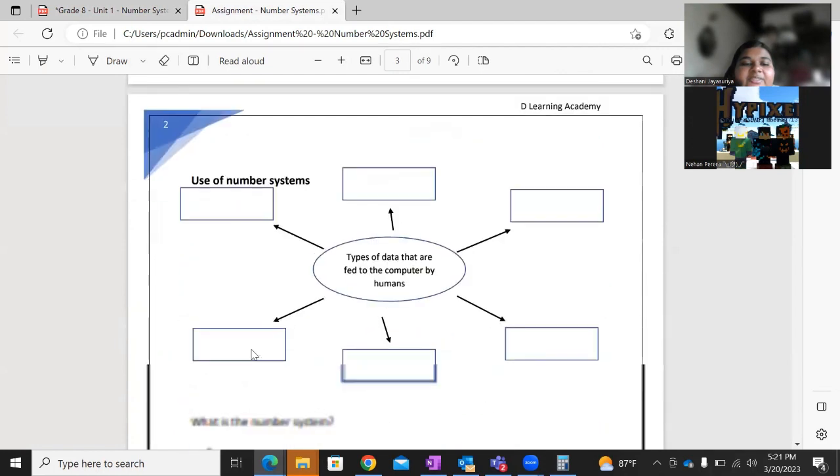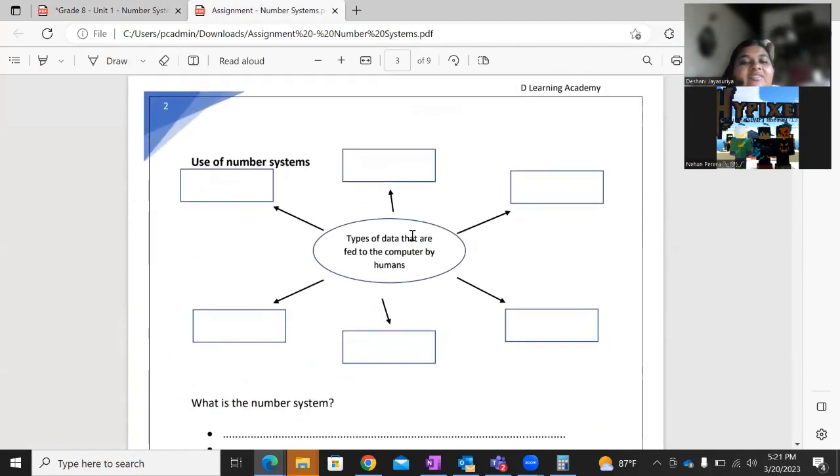Okay? So in number systems, you can feed images, videos, right? So anything. So here, the type of data that can be fed by humans, you can write them in the activity note that I prepared. Okay?